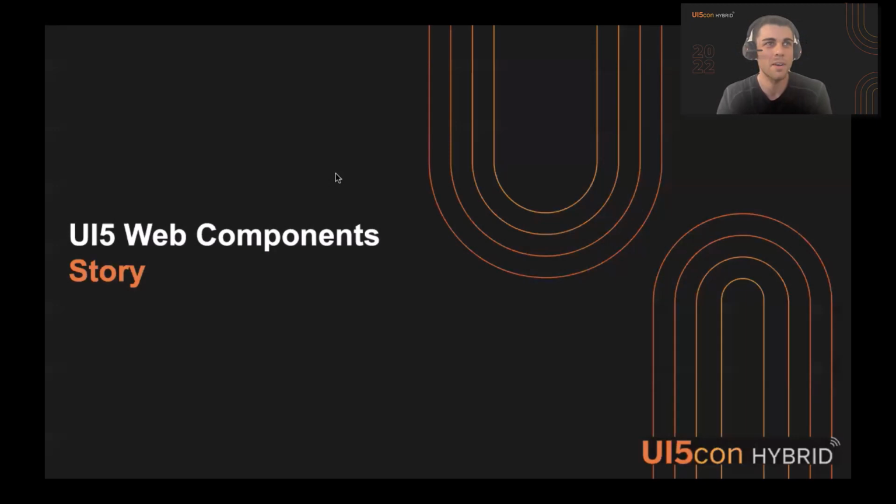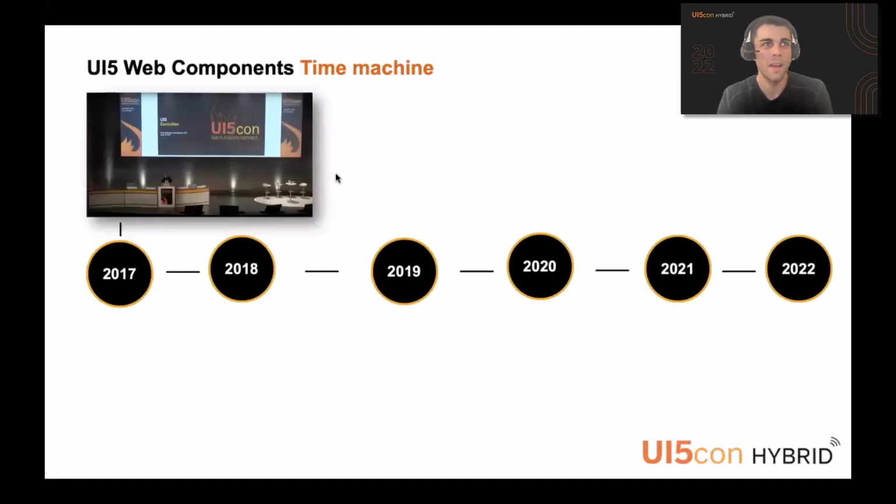So let's get started with the story. Here we have a nice time machine that brings us to UI5con 2017. And this is Peter Music, the chief architect of UI5, who rolls out the start of the UI5 Evolution initiative with the goal to modernize all kinds of aspects of UI5.